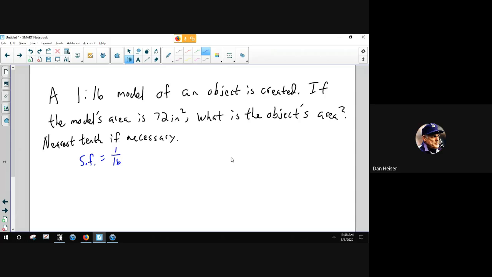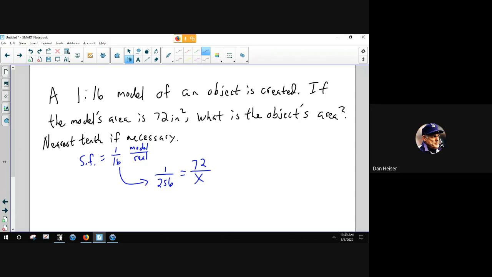So just to remind ourselves, model is numerator, real is denominator. I need an area ratio. I need to square my scale factor. And again, this is model on top, real thing on the bottom. I have the model's area of 72 square inches. That goes on the top. Don't know what the real area is. We are not going to need the nearest 10th.